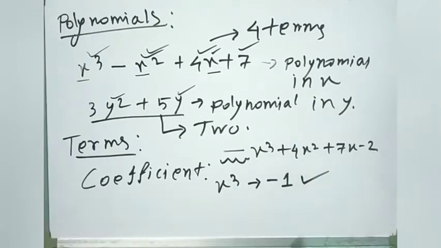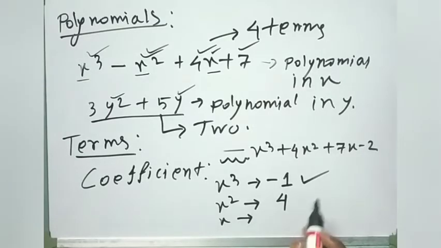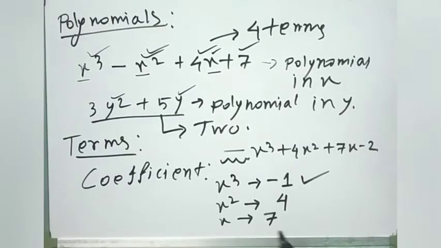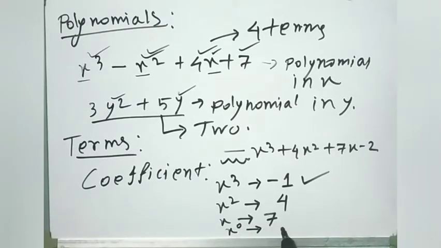Now if I ask the coefficient of x square, then the coefficient of x square will be 4. If I talk about the coefficient of x, the coefficient will be 7, and the coefficient of x to the power 0 will be minus 2.